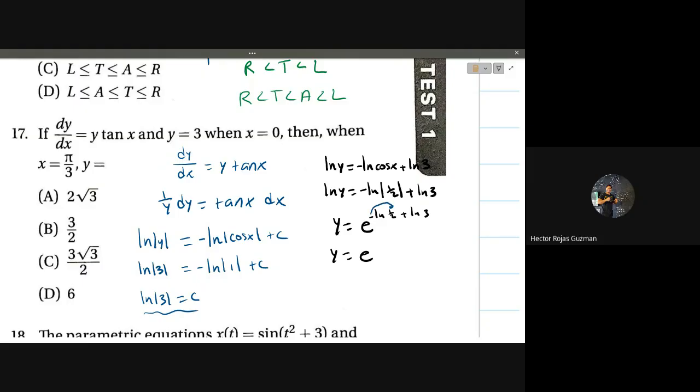So we're going to say that it's going to be ln of 1/2 to the power of negative 1. And the sum of logs becomes the product of bases. Here we have ln of 3. This now allows me to cancel these, leaving me with 1/2 to the power of -1 times 3. This gives me 2 times 3, and the answer should be 6.